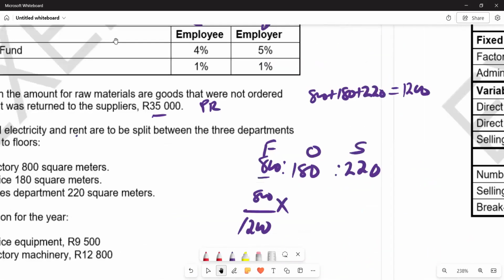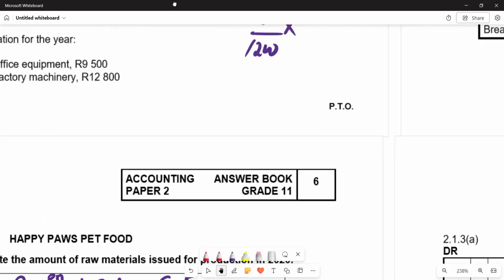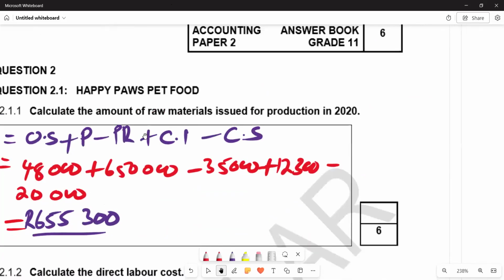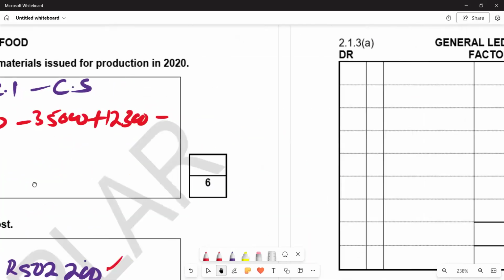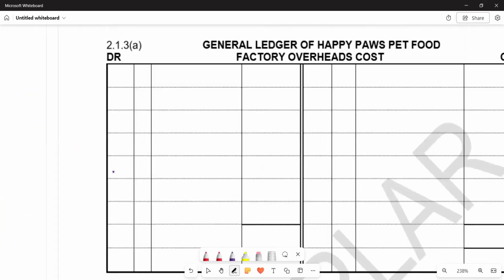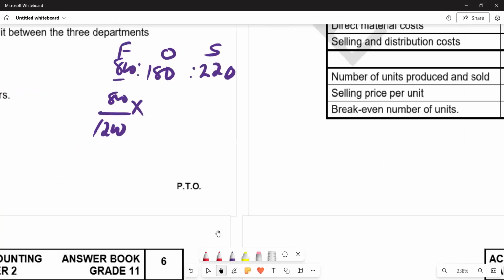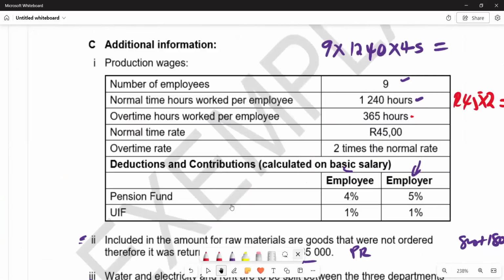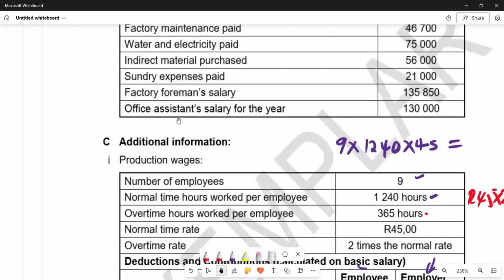We go to our answer section and present it on the debit side of our factory overhead cost account. Remember the date; this is at the end of the period.